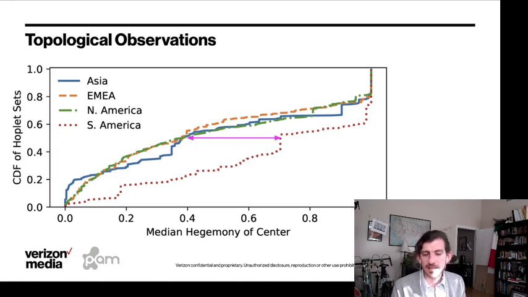And again, we see that South America stands out from the rest of the pack. That is to say, we see greater hegemony at the Hoplet centers for a larger fraction of Hoplets. Essentially, we're seeing that there are fewer publicly visible alternative paths available in the South American infrastructure, likely indicating something about the nature of the underlying deployments.